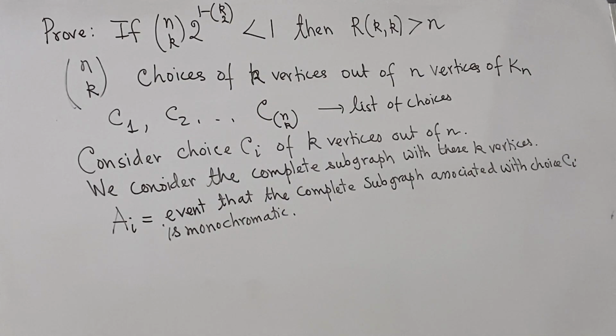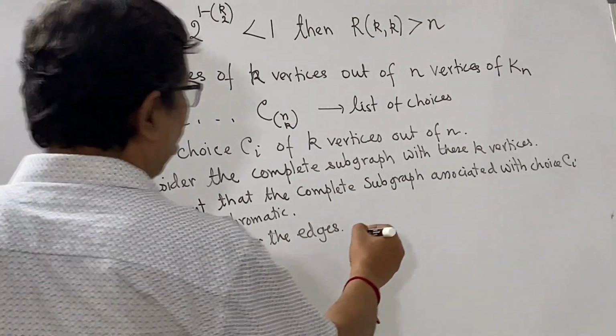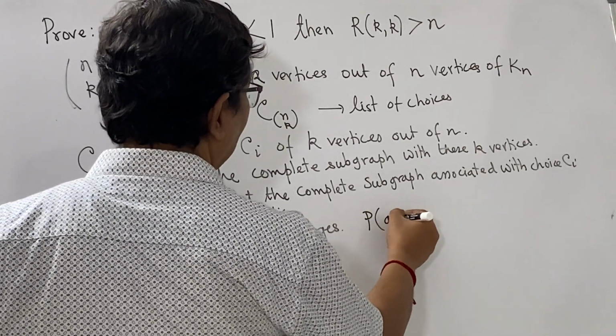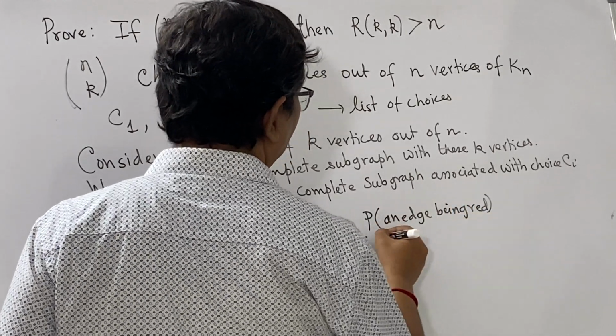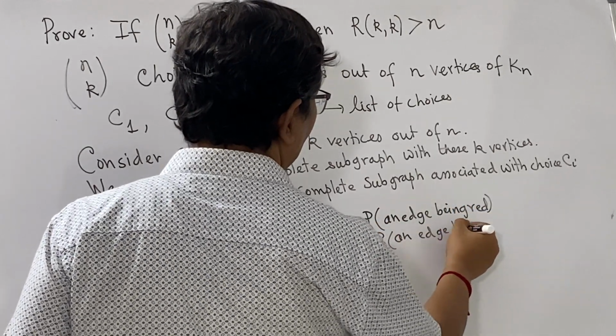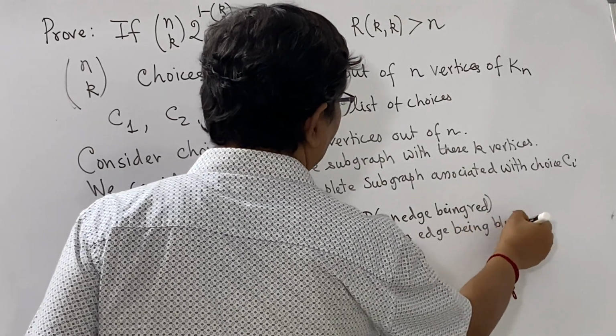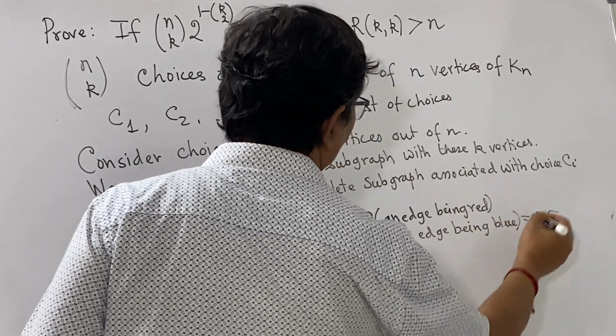So Ai is the event that the complete subgraph associated with choice Ci is monochromatic. So we randomly color the edges. The probability of an edge being red is equal to the probability of an edge being blue, and that is equal to 0.5 or just half.